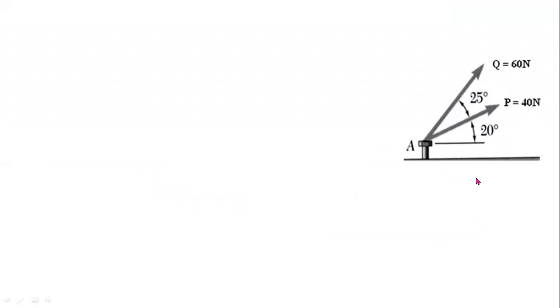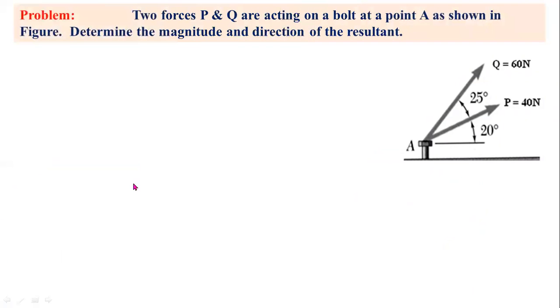This is the first problem. Two forces P and Q are acting on a bolt at a point A as shown in the figure. Determine the magnitude and direction of the resultant. Here you can observe P and Q are the two forces.